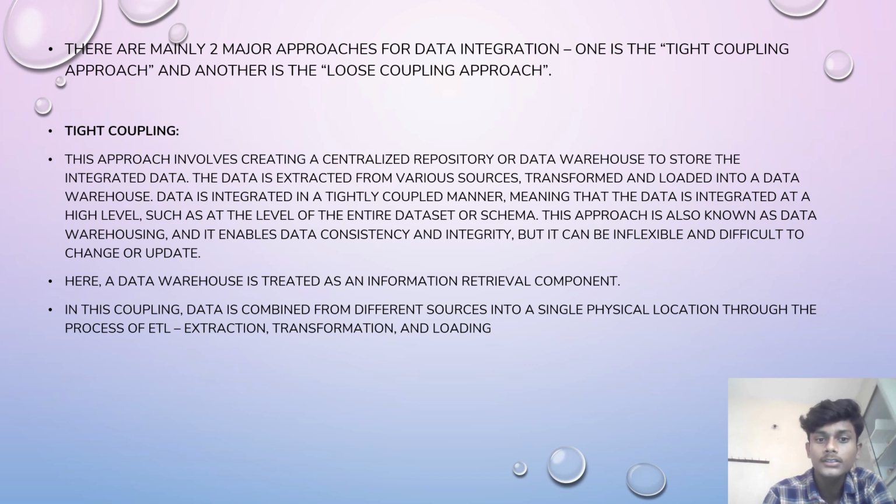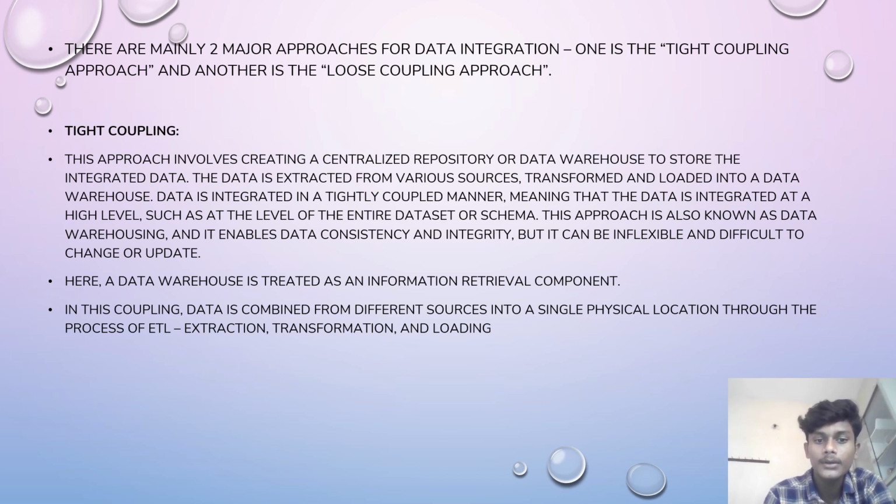Data is integrated in a tightly coupled manner, meaning that the data is integrated at a high level, such as at the level of the entire dataset or schema. This approach is also known as data warehousing, and it enables data consistency and integrity, but it can be inflexible and difficult to change for updates.